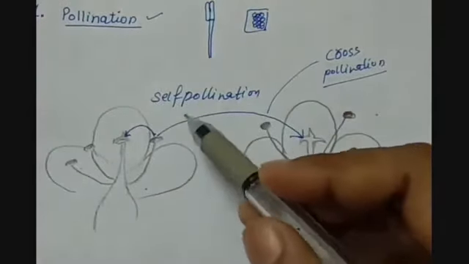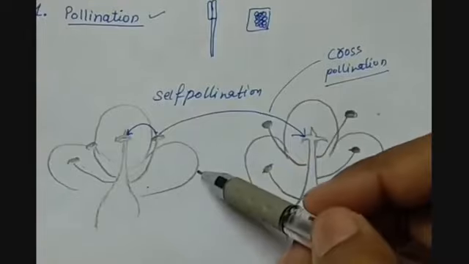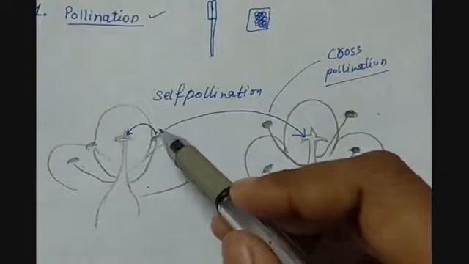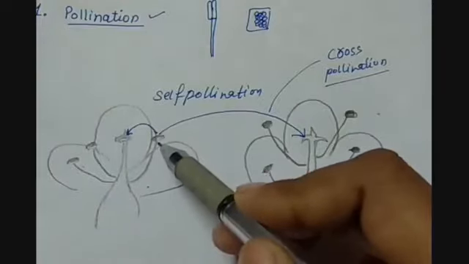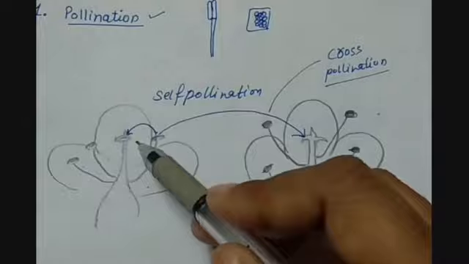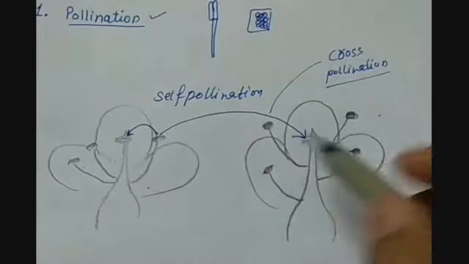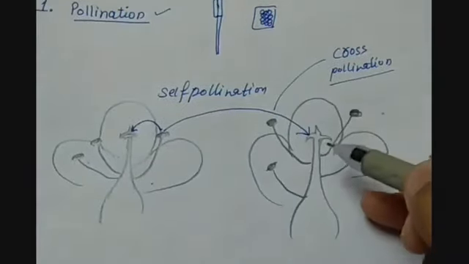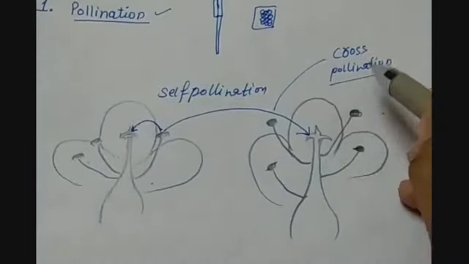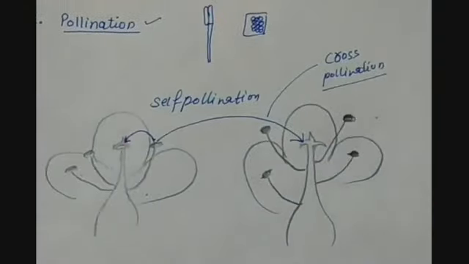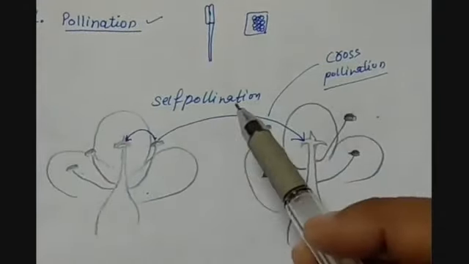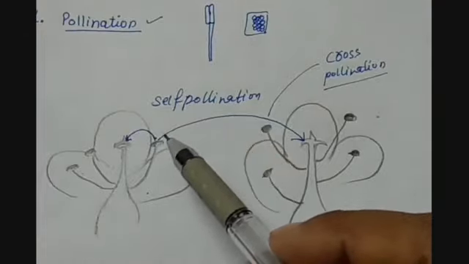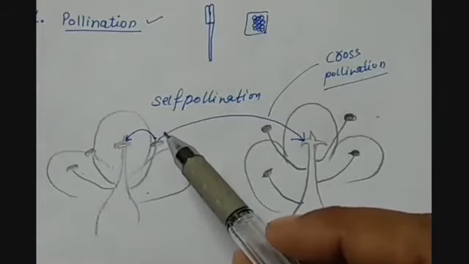When pollination occurs in one flower, that means the anther has pollen grains, and they keep on transferring from the anther to the stigma of the same flower. Whereas if the pollen grains are transferred from one flower to the stigma of another flower, that is called cross-pollination. In self-pollination, there is no requirement of any external agent like insects or birds.